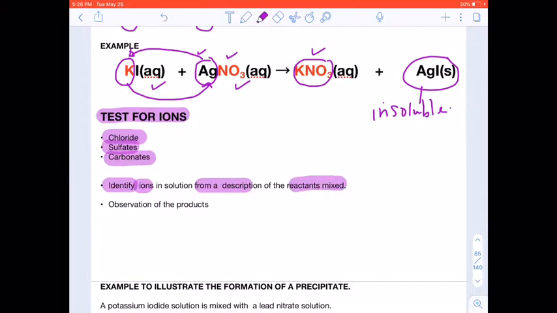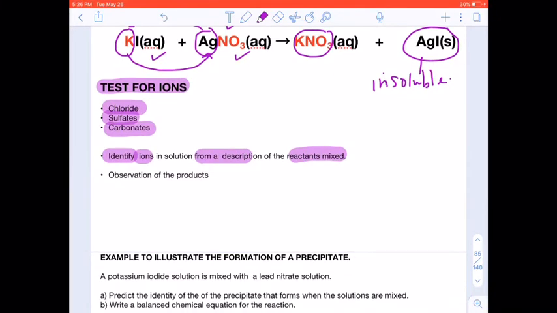So for instance, if I am dealing with potassium iodide, I need to identify the ions. The ions would be K plus and I negative. And we also need to observe the products.